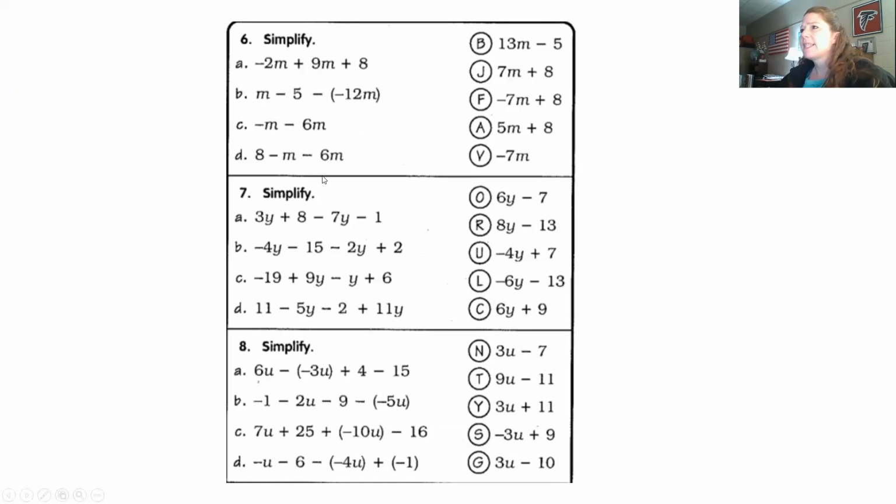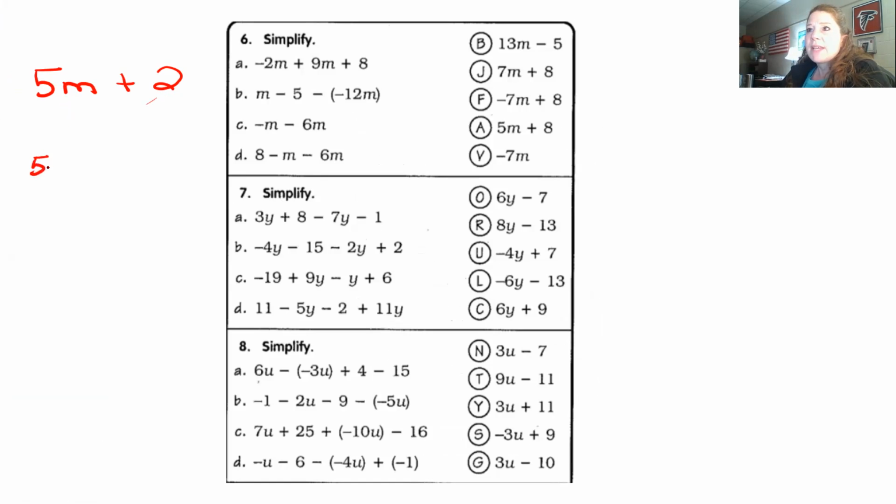All right, so let's look at these few problems right here. The first thing I want to talk about is like terms. If you have a variable attached to a number, like 5m, and then you have a number not attached to a variable, these are unlike terms, and you cannot add or subtract unlike terms.